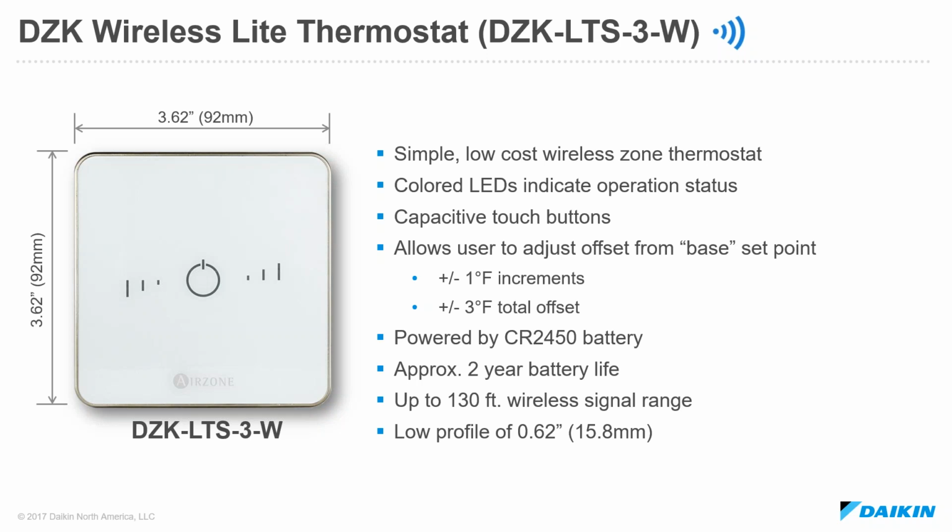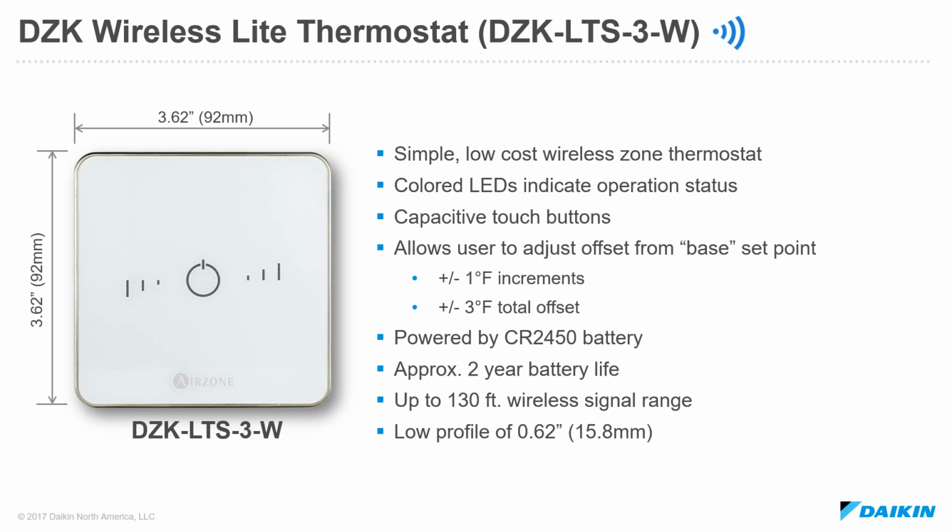What the wireless light thermostat offers is the ability for the user to adjust essentially an offset from a base set point that is programmed by any of the main wired thermostats. So essentially that wired thermostat will set a base set point, we'll just say, for example, 70 degrees.